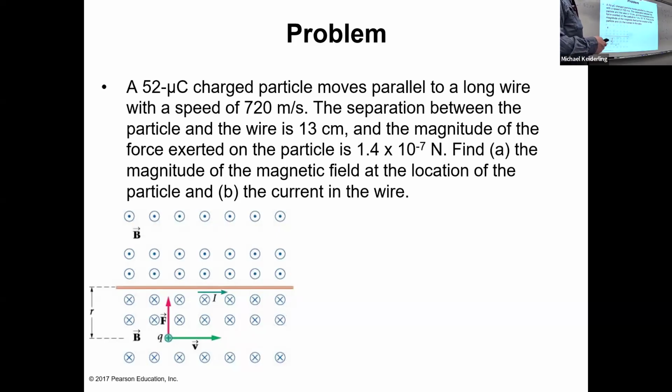So for this, you're going to use the force equation. The angle will be 90 degrees, but the force is charge times velocity times magnetic field. You can use that to find the magnetic field. Once you know the magnetic field and you know the distance from the wire, you can use this formula for the magnetic field of a wire to find the current.